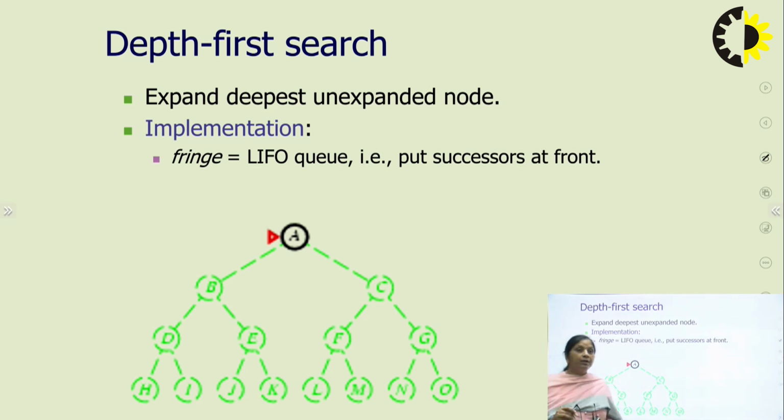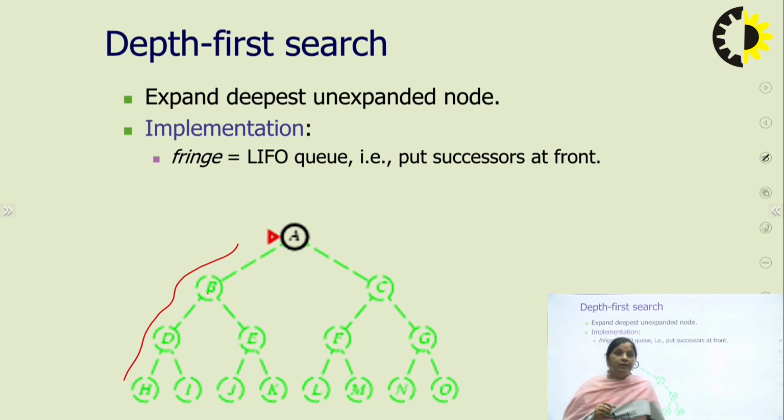So when we are going in depth, if I start with A, I'll take a neighbor and find the goal test false, then I'll definitely go to a successor. The successor is B, that is at one depth. Then rather than going level wise, we will go depth wise. Depth wise means in this direction. A to B, B to D, D to H, as much as possible.